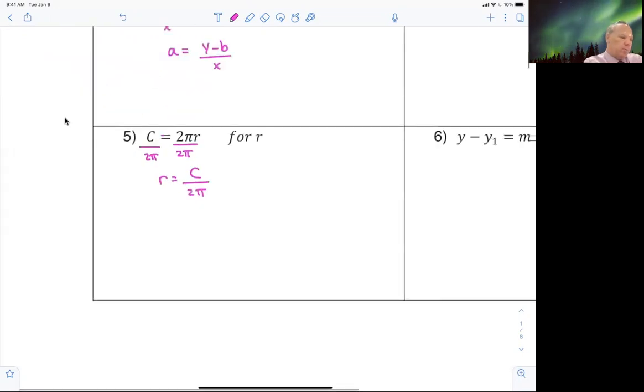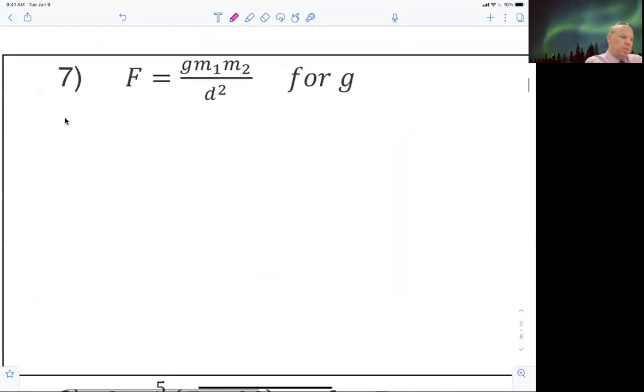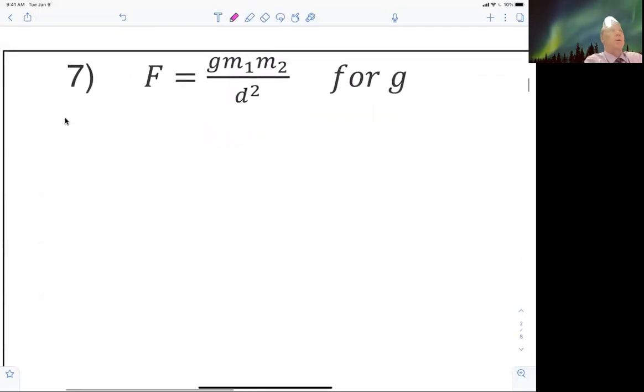All right, here we go. Wow. Again, we did this one yesterday also. Does everybody understand that's all held together with multiplication and division? G times M1 times M2 divided by D squared.